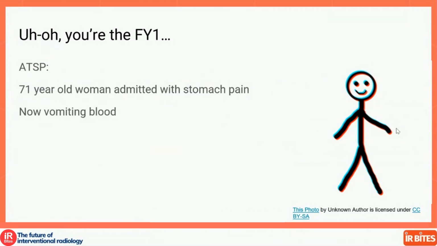Now, one of my pro tips for being the foundation doctor who is the first person called to come and see patients: you've been phoned and told that a patient is vomiting blood, and that this is new. You're going to see them, all right? And unless you've got several other unwell patients that you're about to see, you don't actually need any more information right now. You're going to go and see them.